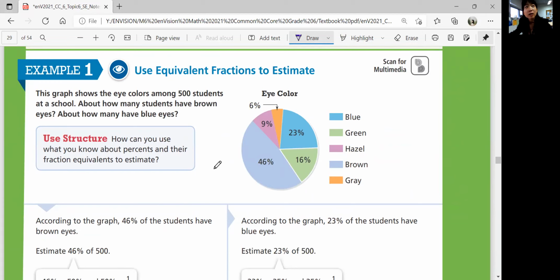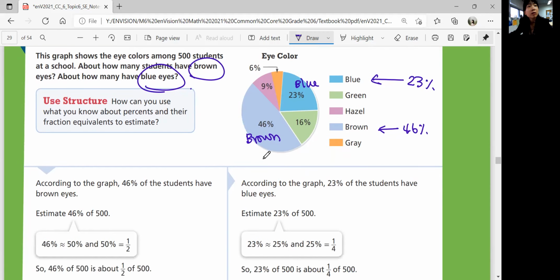So we got a pie chart. The full circle represents 100%. And we want to specifically look at the brown eyes and the blue eyes, right? Brown and blue are here. This is blue. Brown is this one. So brown has 46%. Blue has 23%.